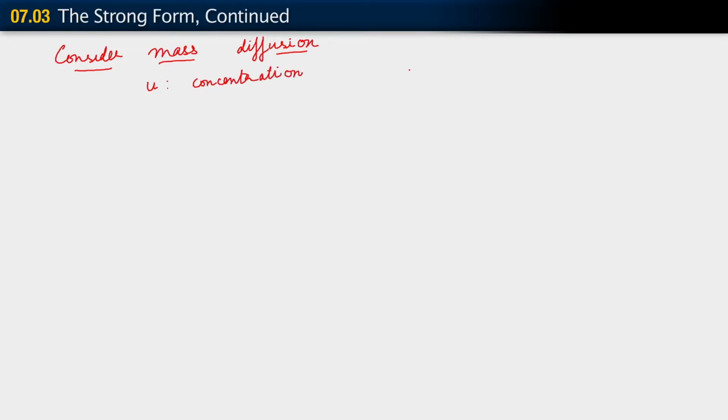Now it could be a concentration either in terms of mass per unit volume, or maybe number of particles of a certain kind per unit volume, right? So this could be a concentration in terms of mass per unit volume or number per unit volume.